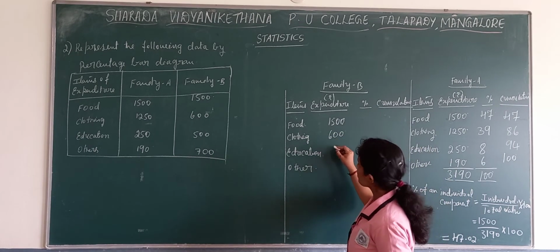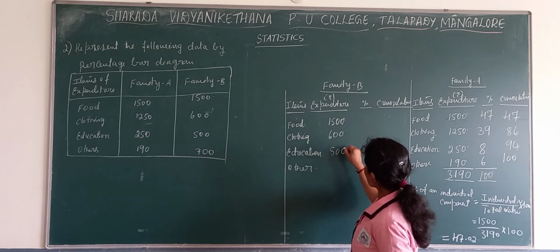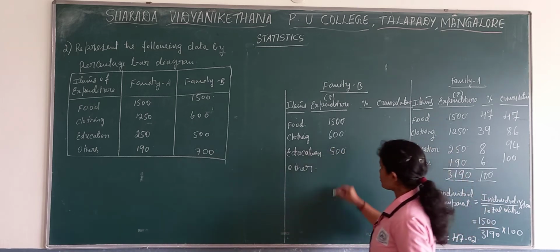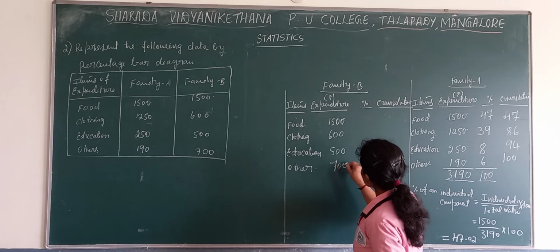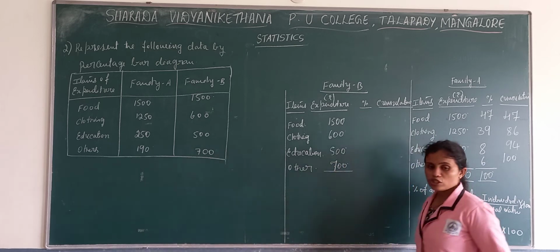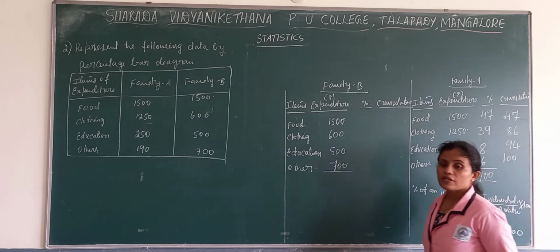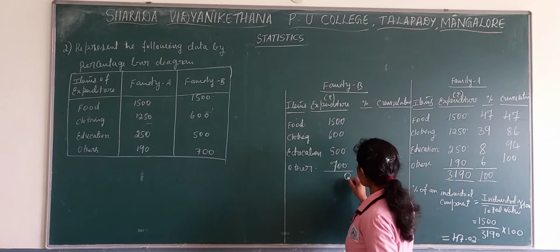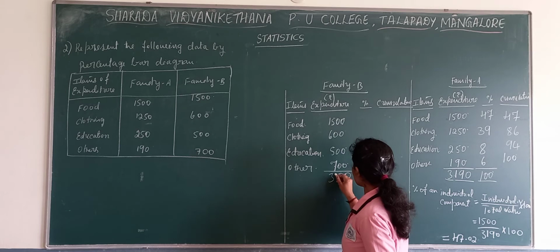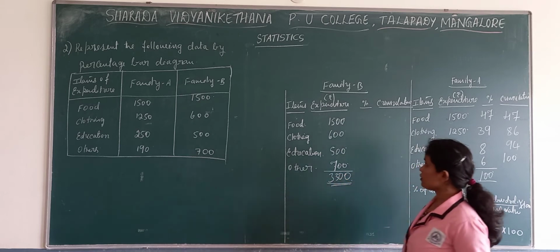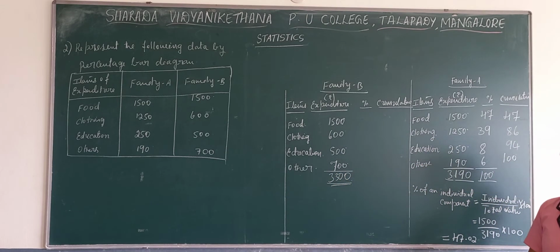Then education is 500, and others 700. When we total the amount, we get there 3,300. Here we get total as 3,300.